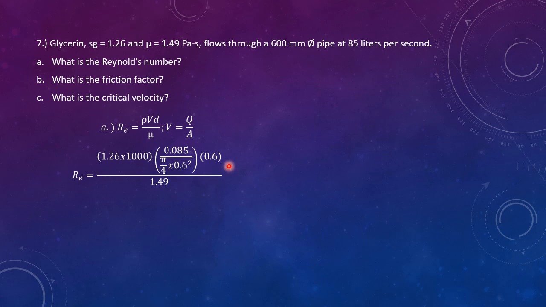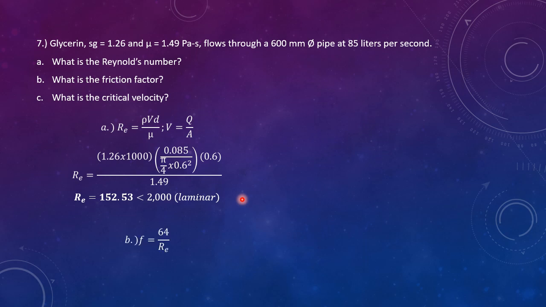Multiply that with the diameter, which is 0.6 meter, all over mu, which is 1.49 pascal second. Solving for Re, that is equal to 152.53, which is less than 2000. Therefore, the flow is laminar.